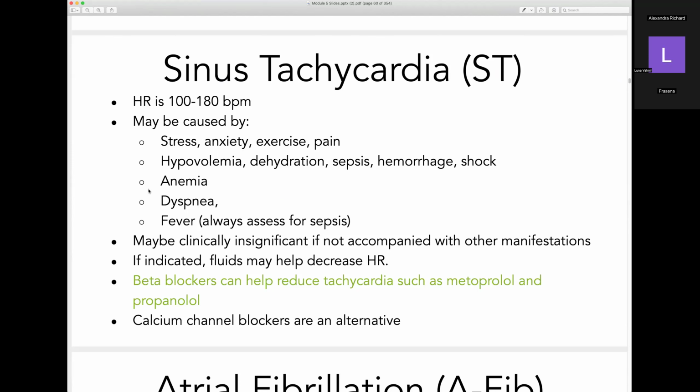And if the heart rate is high and the blood pressure is low, the patient probably needs fluids. If the heart rate is high and the blood pressure is high, and you communicate that with the healthcare provider, they may order a beta blocker because that would help stabilize both.